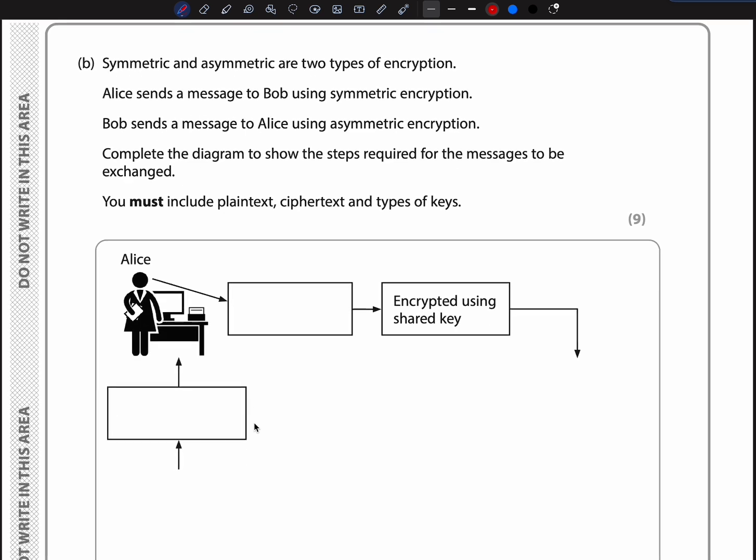Question number B. Symmetric and asymmetric are two types of encryption. Okay, so one type of encryption is symmetric, another is asymmetric. So Alice sends a message to Bob using asymmetric encryption, and this is Alice, right?